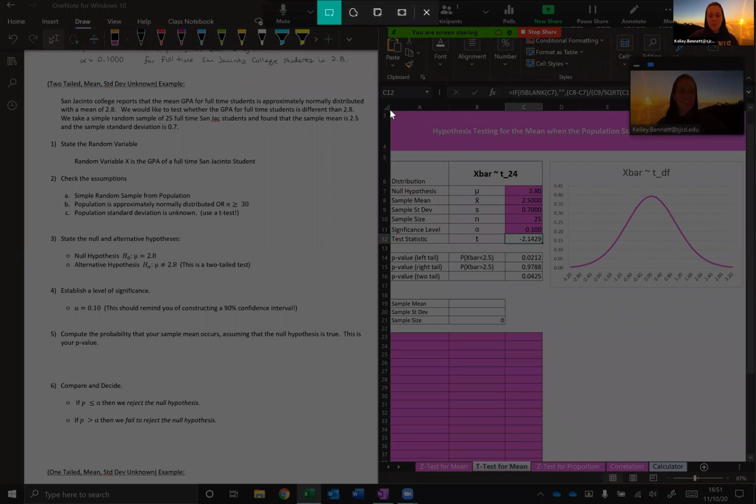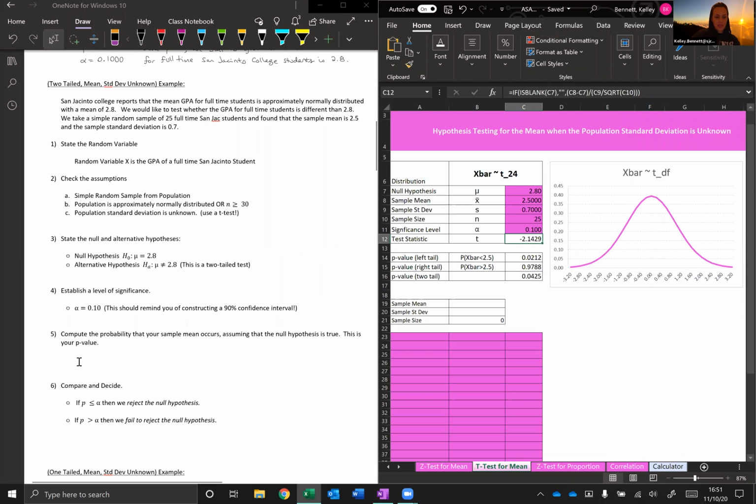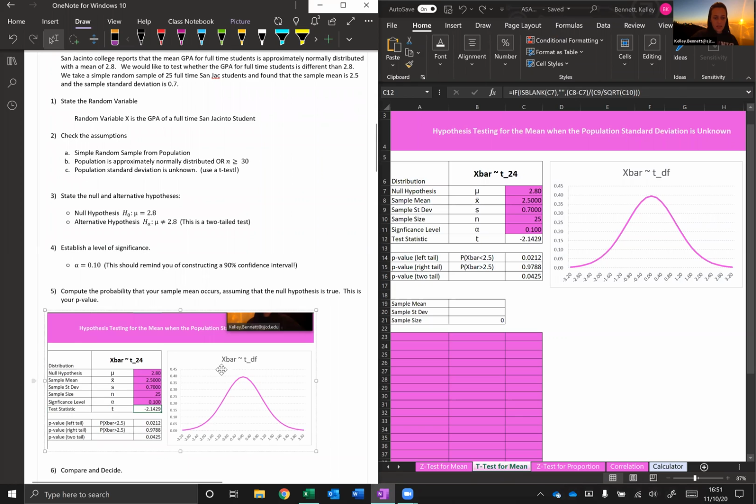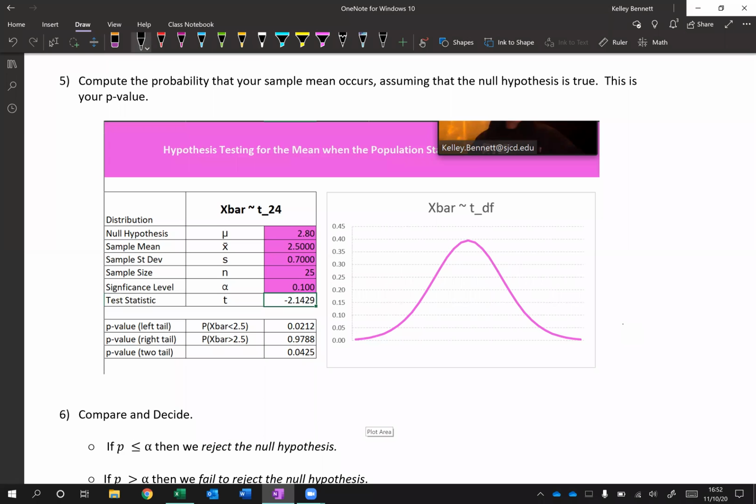So, all right, let's take a screen grab of this and place it into our work so we can kind of digest what all of it means. All right, so remember that we are assuming the null hypothesis is true, which means that our mean we're assuming is 2.8.